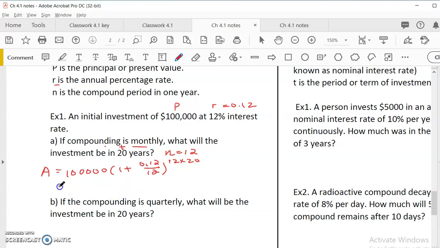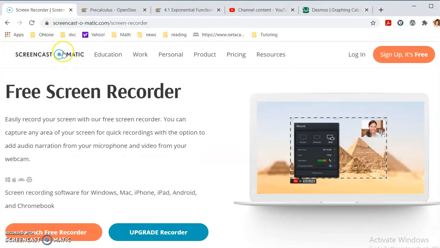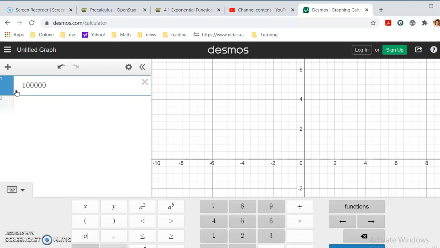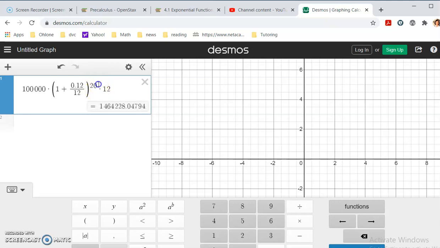So that means you put it in the calculator all in one shot. So let's see, I'll try to put it in decimal. In case you want 100,000 times 1 plus 0.12 over 12, to the power, up arrow, you have to do the up arrow with shift 6, 20 times 12.